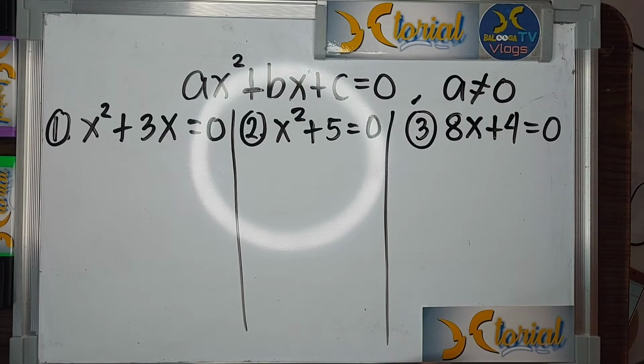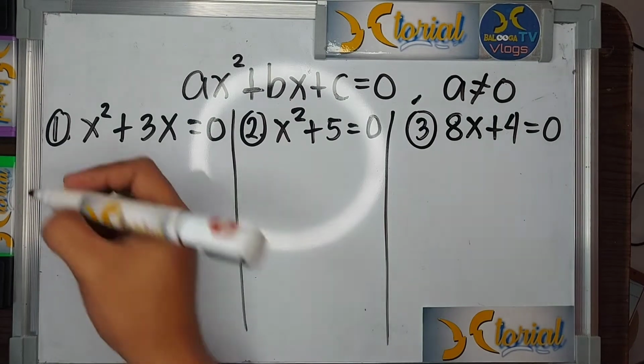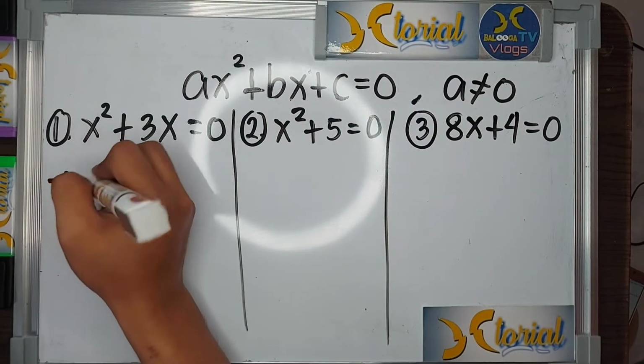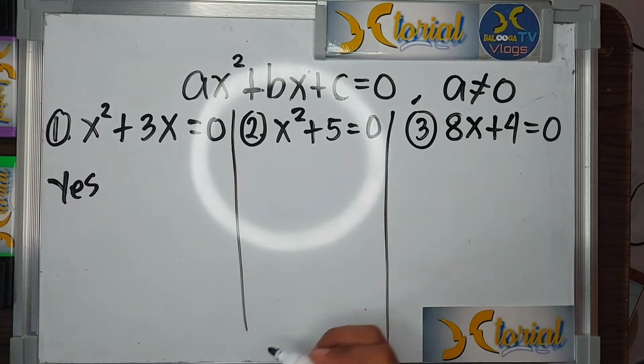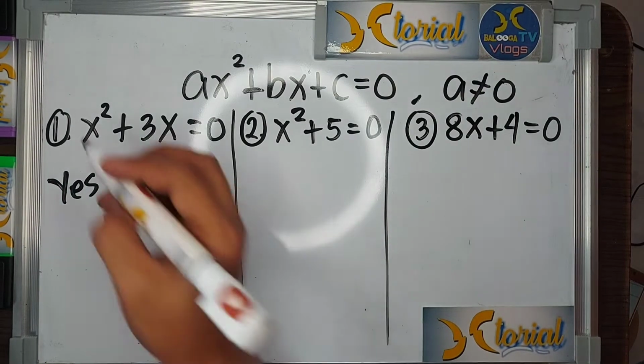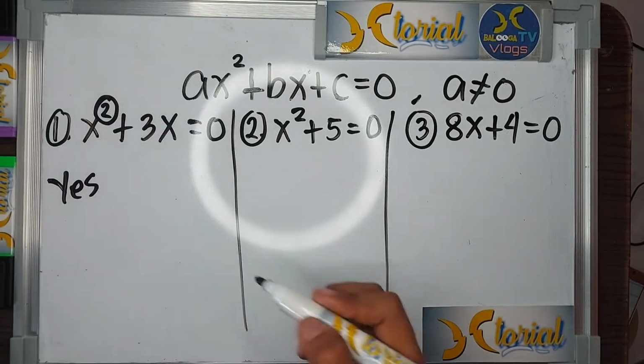Okay, so meron ulit tayo ditong tatlong examples. So titingnan natin kung quadratic equation ba siya or hindi. Okay. So sa number 1, x squared plus 3x equals 0. Quadratic equation o hindi? So it is a quadratic equation. Bakit siya quadratic equation? Kasi nga the highest exponent is 2.